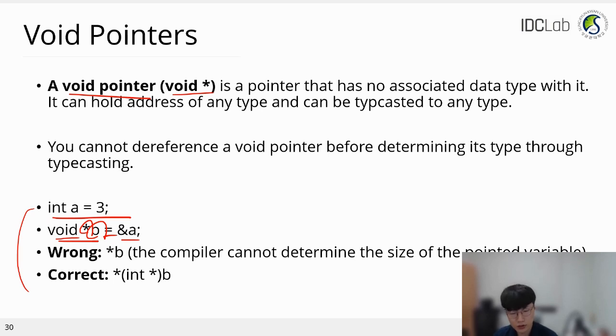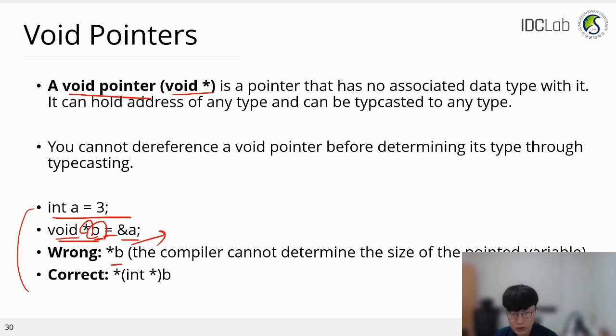So B is just holding 8 bytes of data. But the problem occurs when you dereference B without typecasting. So dereference B, it doesn't make sense because the compiler does not know how many bytes should be read from the memory address that B points to, because we didn't provide the type.